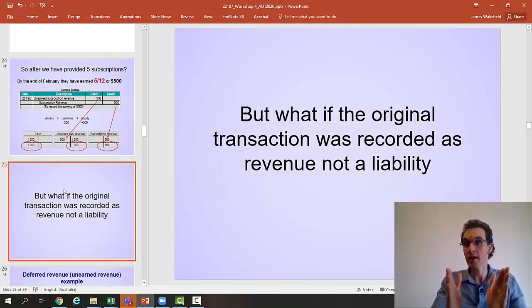You most certainly cannot recognize that revenue and report that in the financial statements at the time the cash was received.